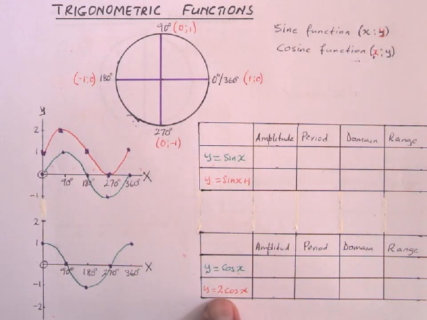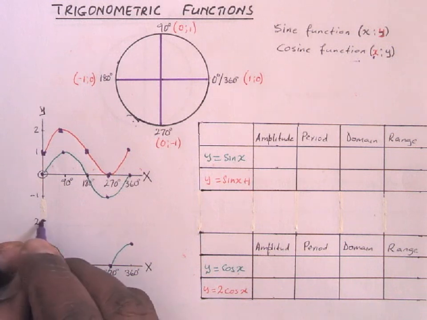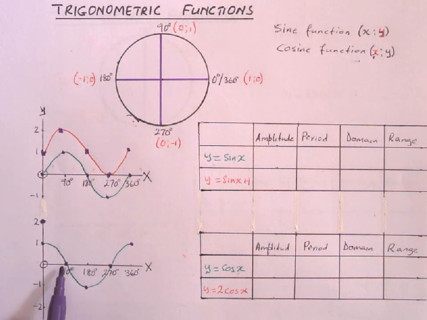You'll see when we do the things. In fact here, whatever value of y we're having, we're multiplying by 2. Now we said here the y value is 1. So we multiply that y value by 2, so 1 times 2 will give us a 2. The y value here is 0. So if you multiply 0 by 2, I'll still get that point here. The y value here is minus 1. So multiply this by 2, I get a minus 2 over there. The y value there is 0.